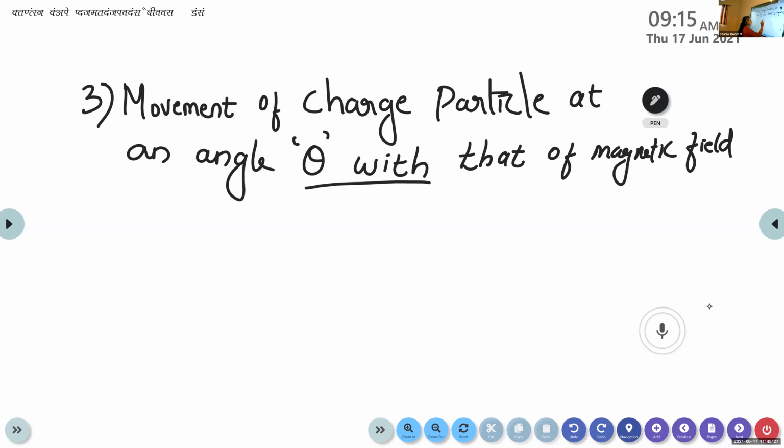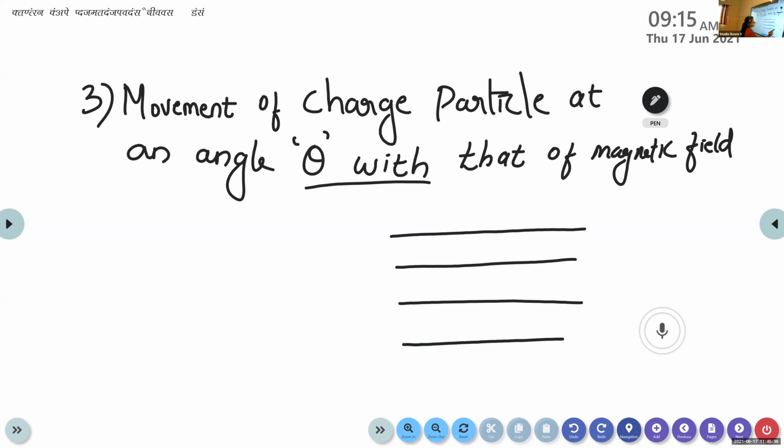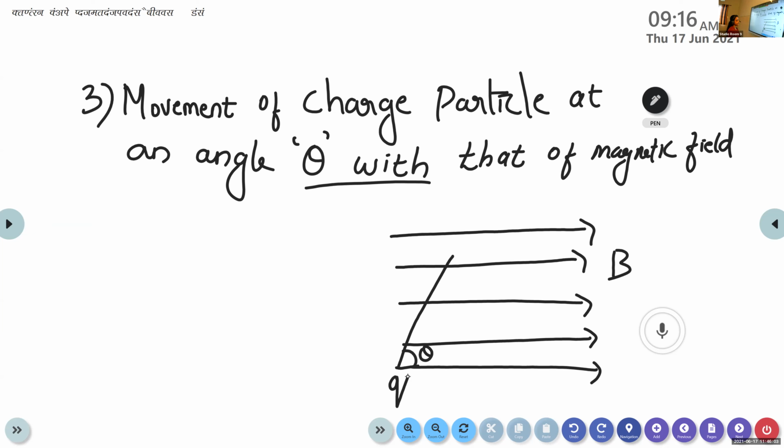Again, here we consider a uniform magnetic field B. To this uniform magnetic field, the charged particle enters at an angle theta with a velocity v.